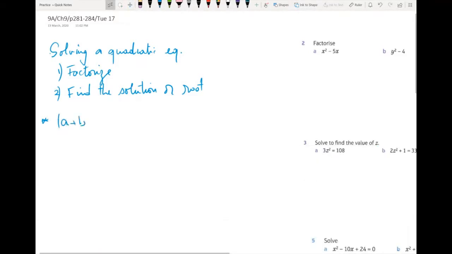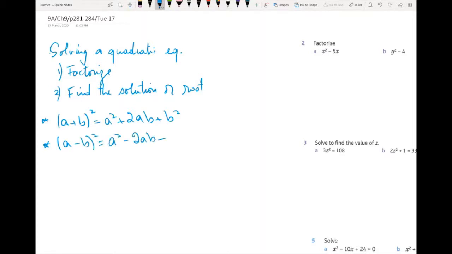a plus b squared, which is the perfect square, is equal to a squared plus 2ab plus b squared. A minus b squared is equal to a squared minus 2ab plus b squared.